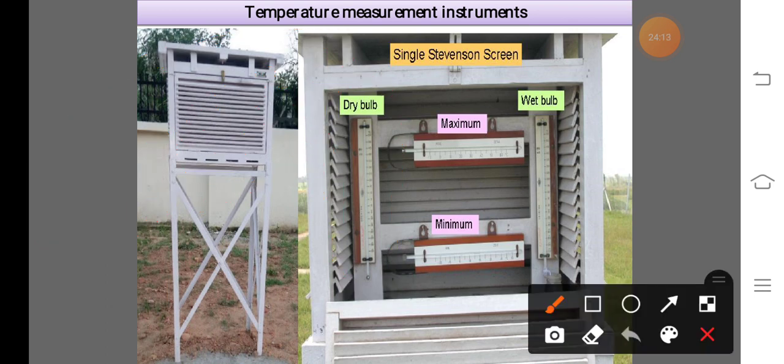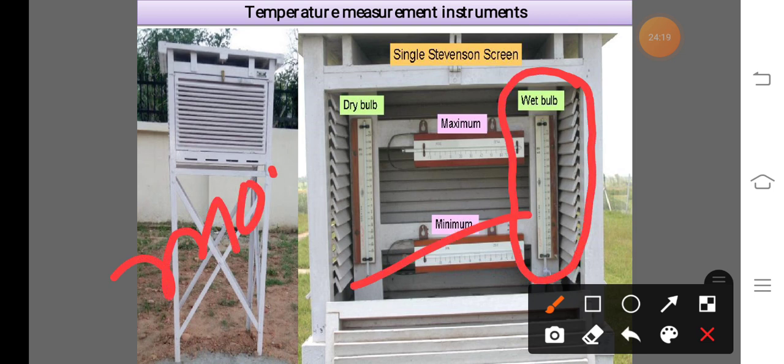Next one, the wet bulb thermometer. It is used to measure the moist temperature of the atmosphere. This thermometer is continuously wetted by a muslin cloth using distilled water. Just keep in mind, the wet bulb thermometer is used for measurement of moisture in the atmosphere, or the moist or cool temperature of the atmosphere.